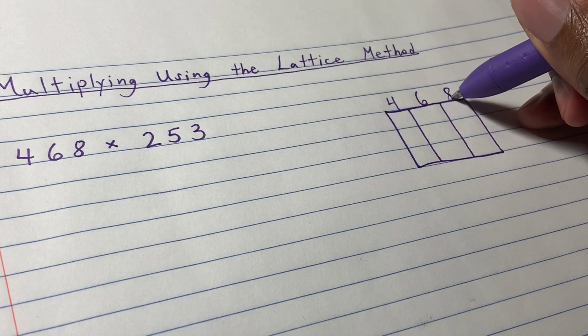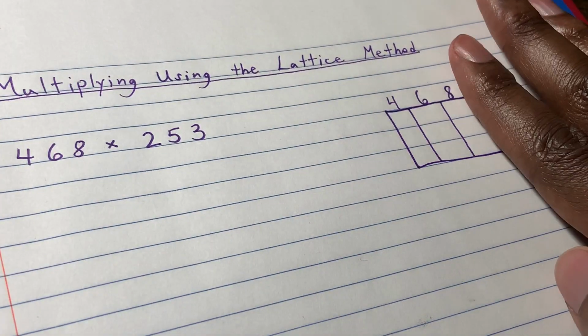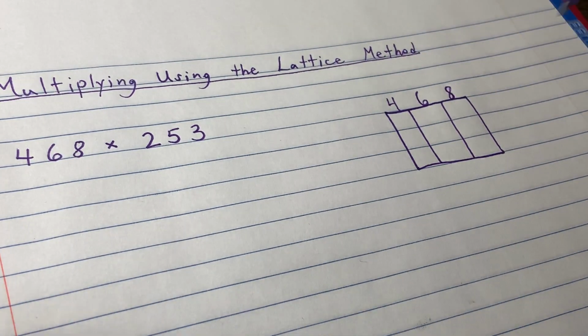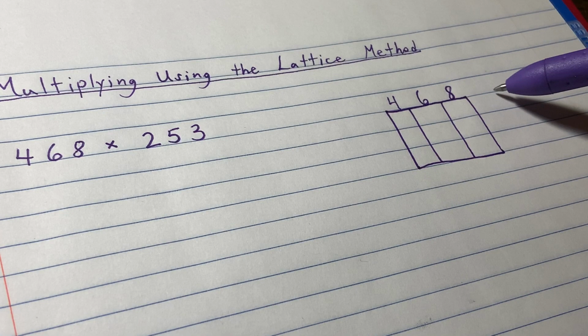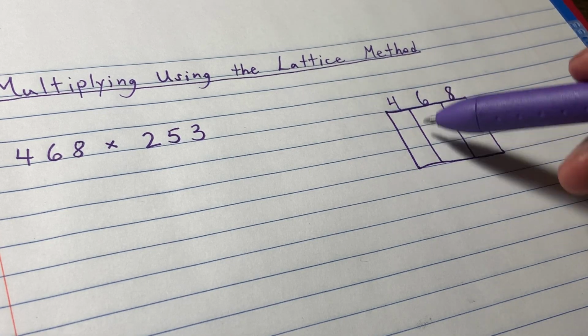Now, if this was a 2-digit number, for example, 46, I would only need 2 columns, okay? If it was a 4-digit number, say 4,685, I would need 5 columns. So I need an extra column right here, right? But because it's a 3-digit number, I have 3 columns.